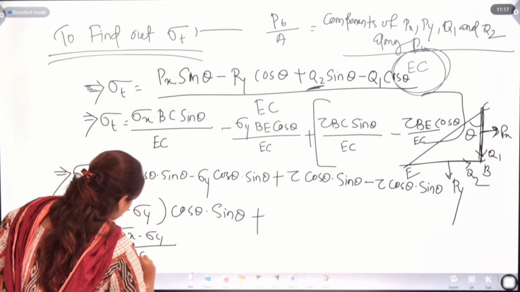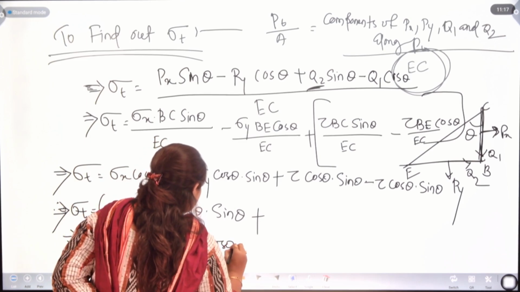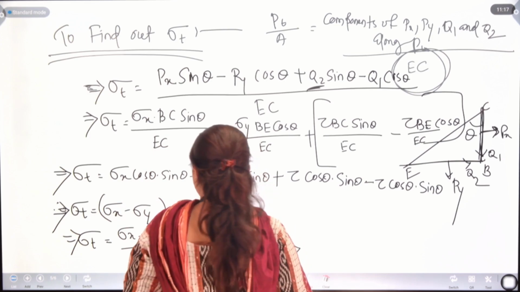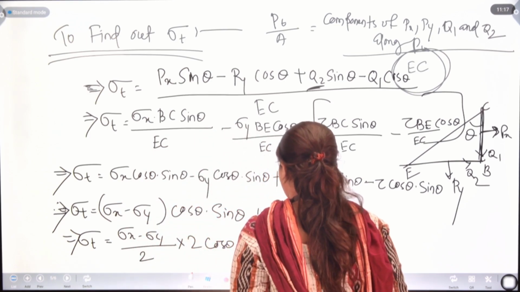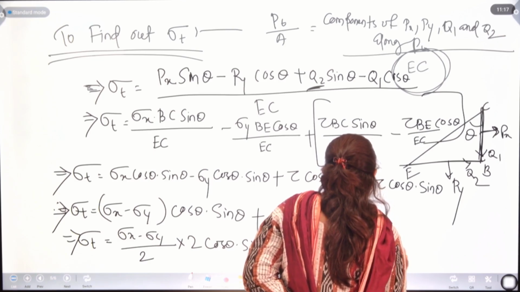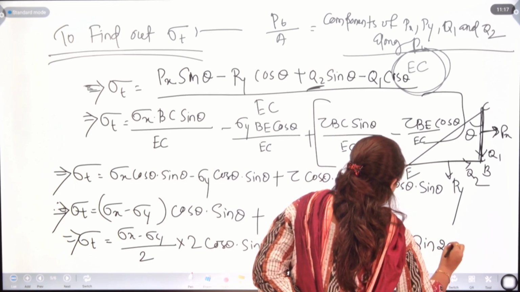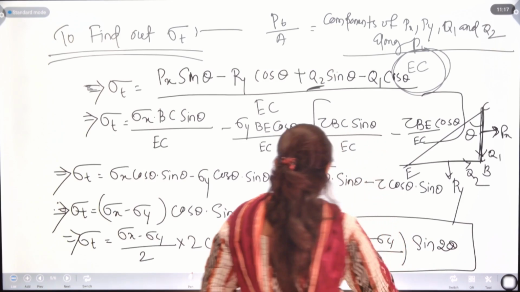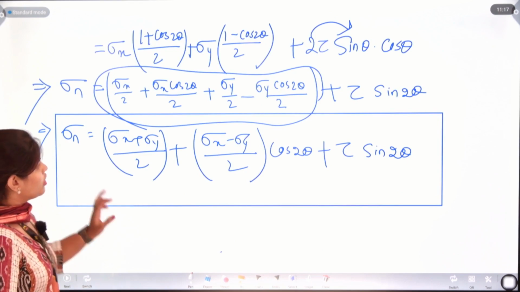Let's just divide by 2 and multiply by 2 here, and now we will have this sigma t as sigma x minus sigma y upon 2 into sin 2 theta. Okay. So here we have the tangential stress.